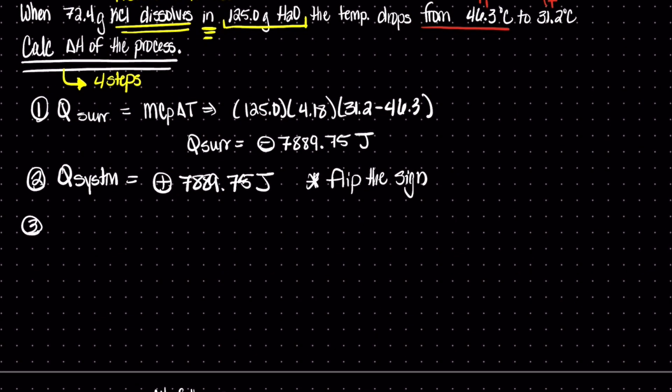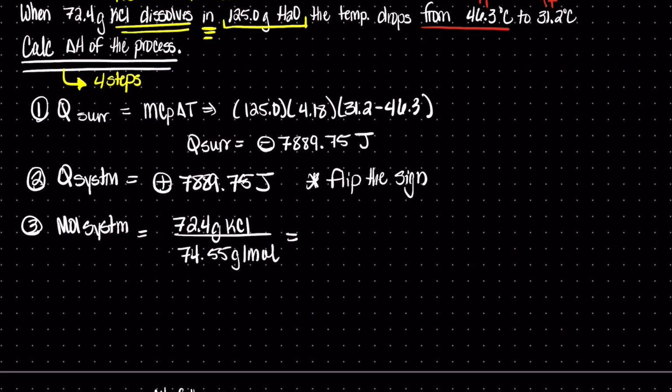Step 3 would be moles of the system. And moles of the system is your grams of the system, your amount of KCl you're getting dissolved, over the molar mass of KCl, which by the wonders of a periodic table I have in front of me, I know it to be 74.55 grams per mole.